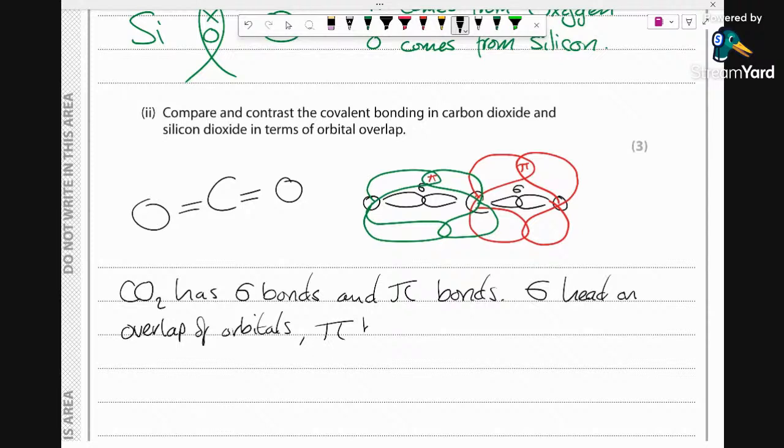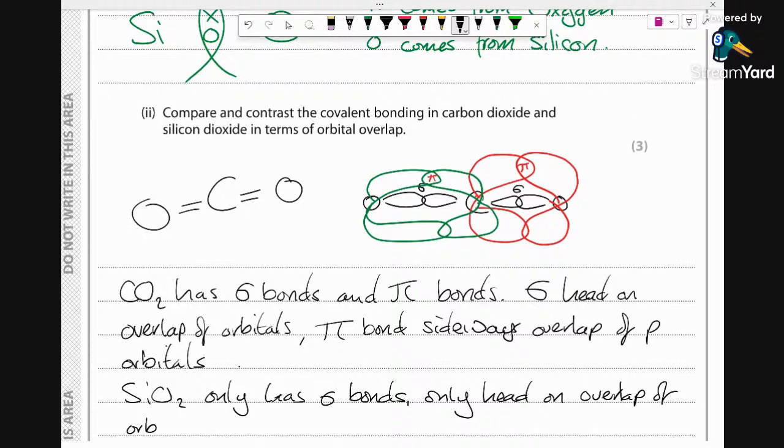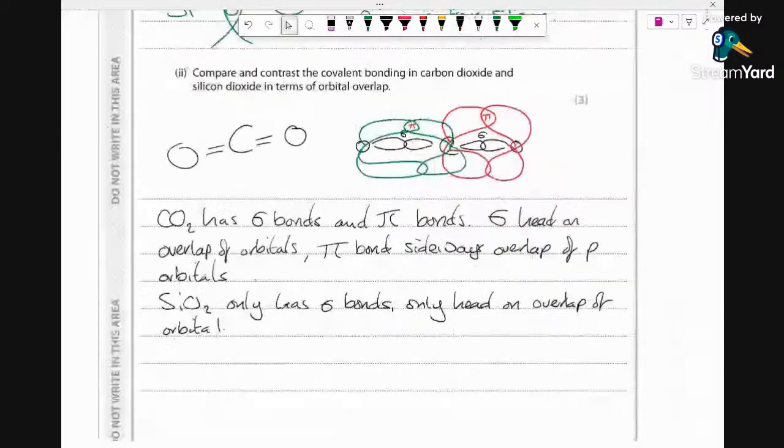Pi bond: sideways overlap of p orbitals. SiO2 only has sigma bonds, only head-on overlap of orbitals. Love it. Interesting question. Kind of like it. Can't wait to see the mark scheme for that.